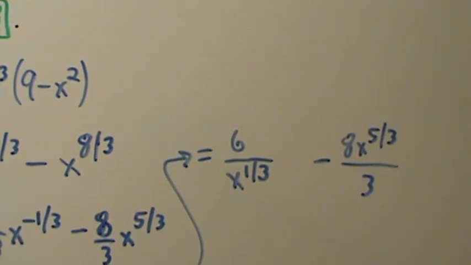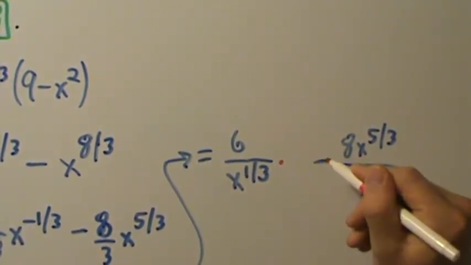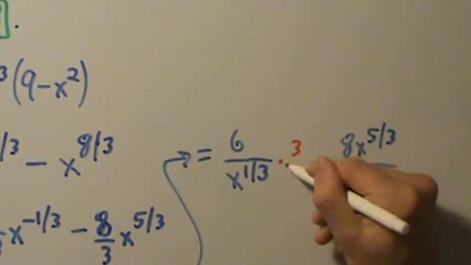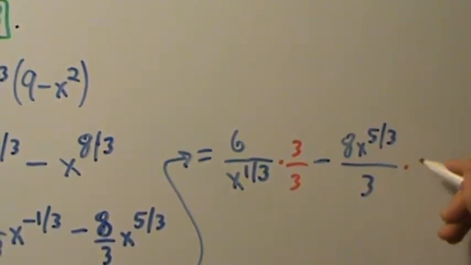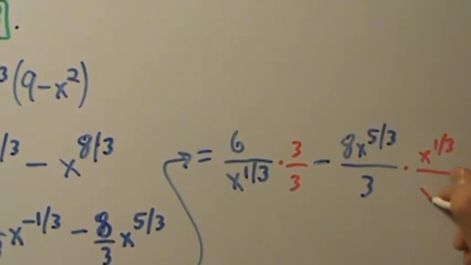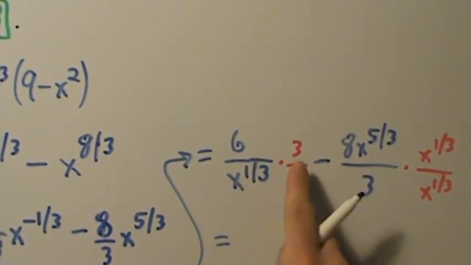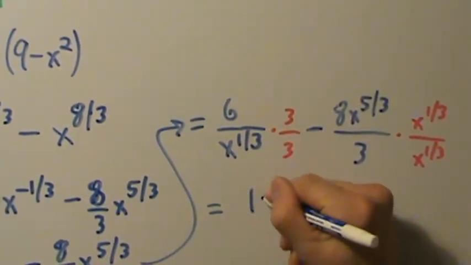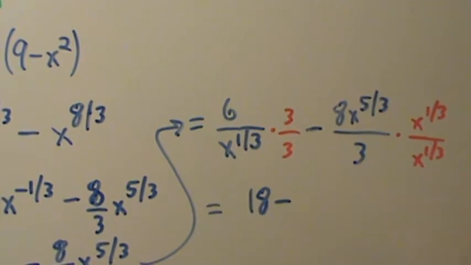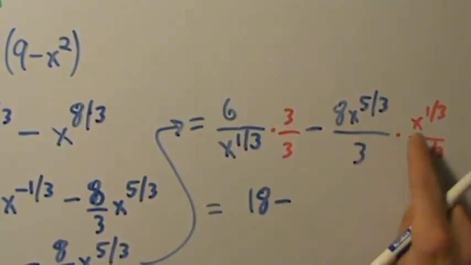Why not? Okay, so remember, to get a common denominator, we multiply this guy by 3 over 3, and we multiply this guy by x to the 1/3 over x to the 1/3. All right, so now they have the same denominator, 3x to the 1/3. Good. So when we simplify on top, 6 times 3 is 18. And then what happens over here? 8x to the 5/3 times x to the 1/3.